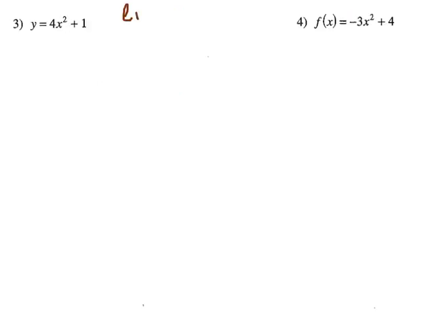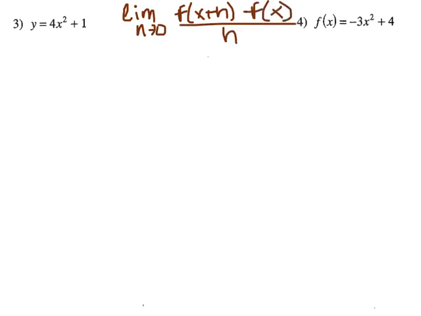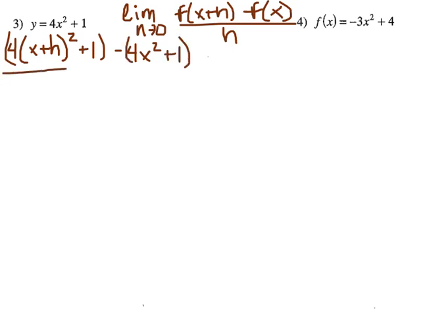So let's remember that this is the limit as h approaches 0 of f of x plus h minus f of x all over h. So 4 times x plus h squared plus 1, minus 4x squared plus 1, all over h.